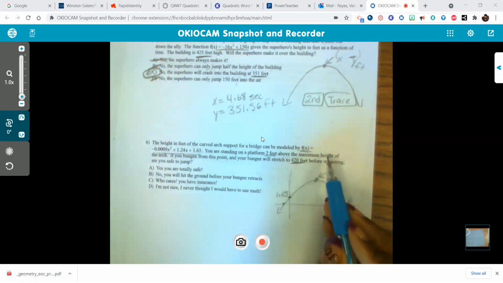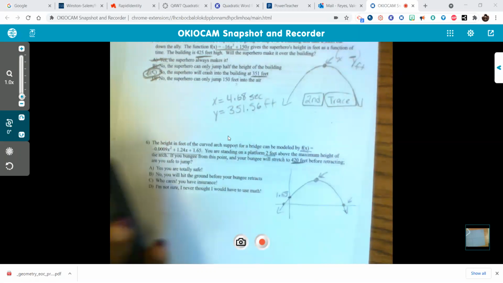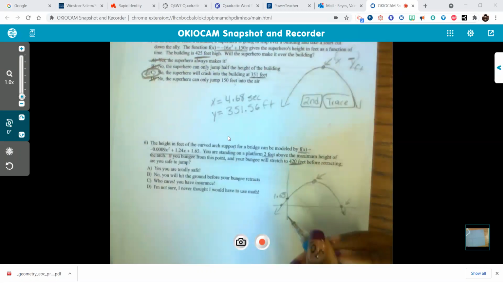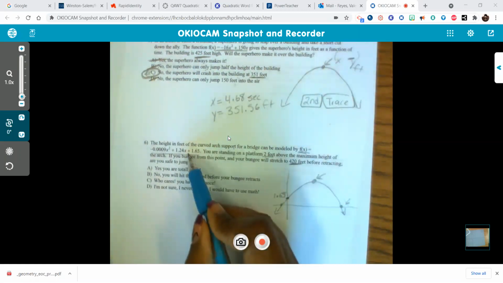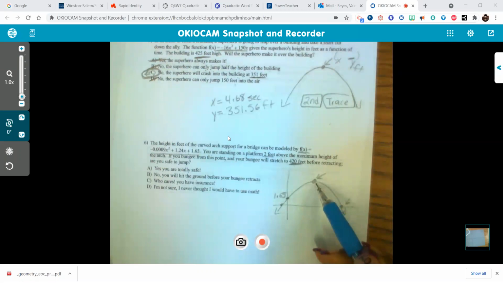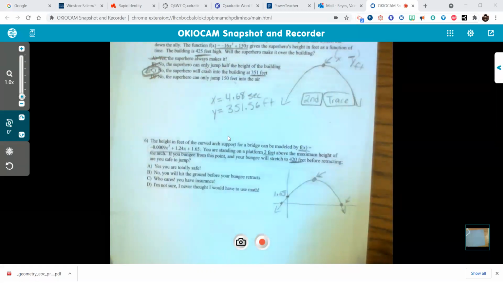If it's only 350, you're gonna die. So you need to figure out what this high point is. I'm gonna let you do this one on your own. Type this in the calculator to see what your high point is and see if it's gonna be totally safe for you. Questions, comments, or concerns?